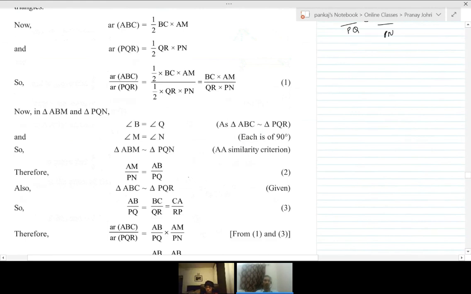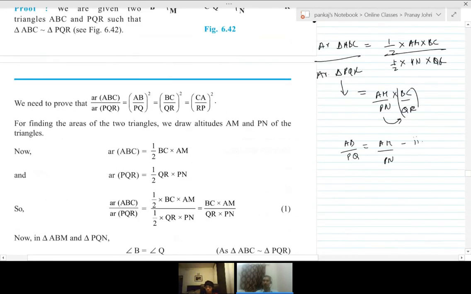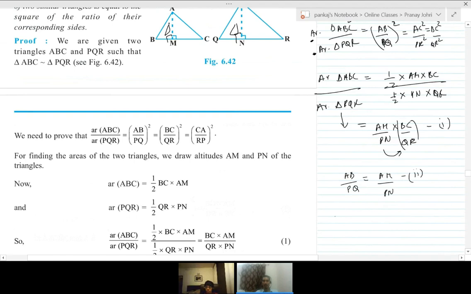Now if this is proved, suppose this is the second equation and that is the first equation. Because they were similar triangles, can we write AB by PQ is equal to AC by PR is equal to BC by QR?